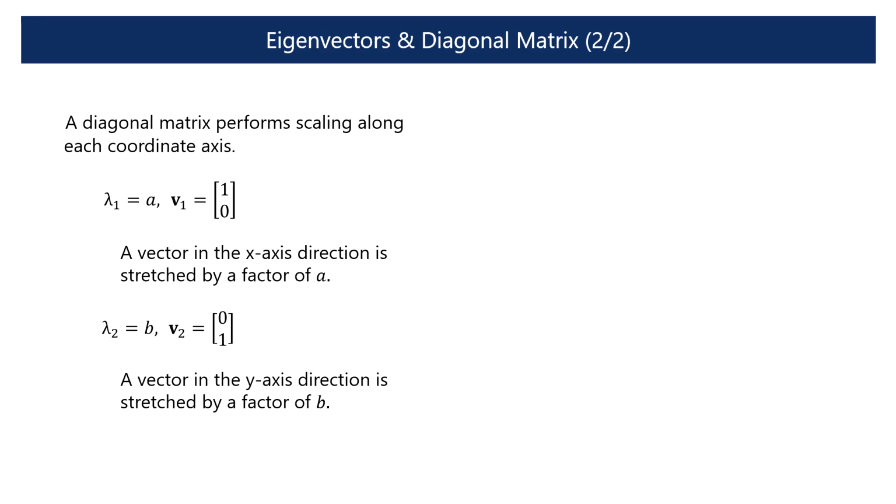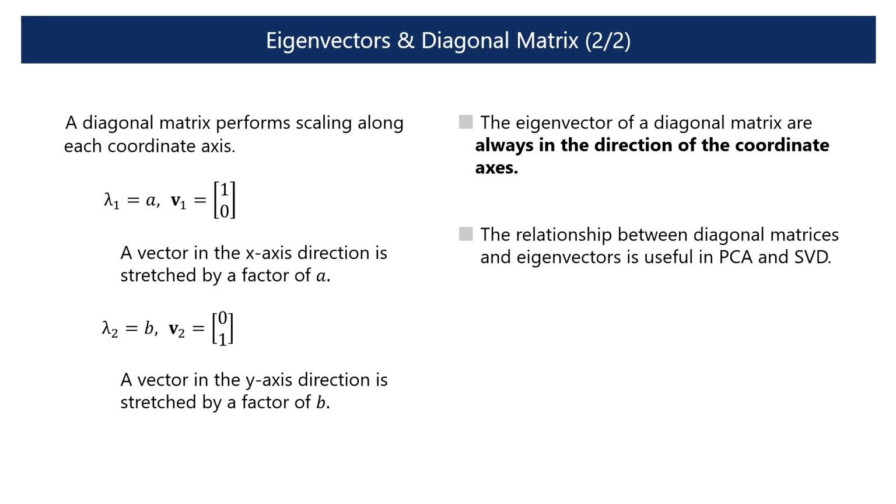And the eigenvector v2 is in the y-axis direction, and the corresponding eigenvalue is b. So it is stretched by a factor of b. In this way, the eigenvectors of a diagonal matrix are always in the direction of the coordinate axes.